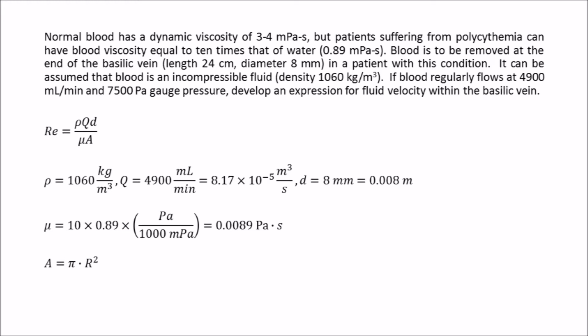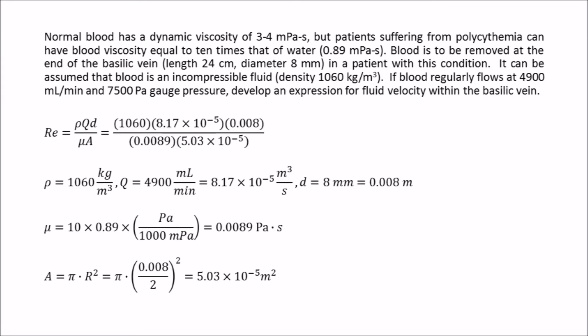Finally, our cross-sectional area is that of a circle, which can be calculated using the known radius of the vein. Substituting these values into the expression for the Reynolds number, our result is a value of 1548. And this number indicates that we are safely within the laminar flow regime.